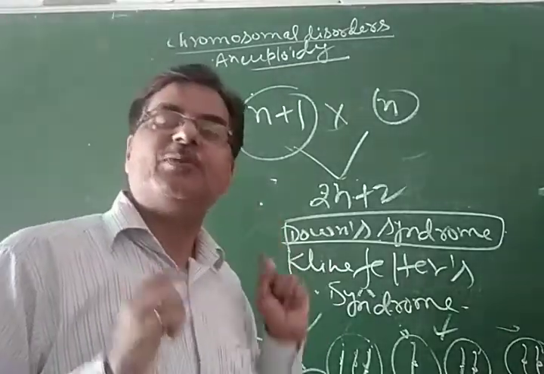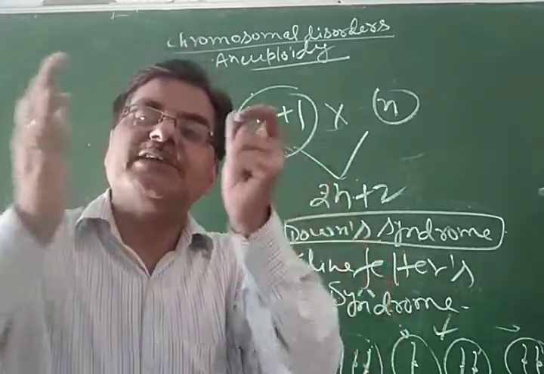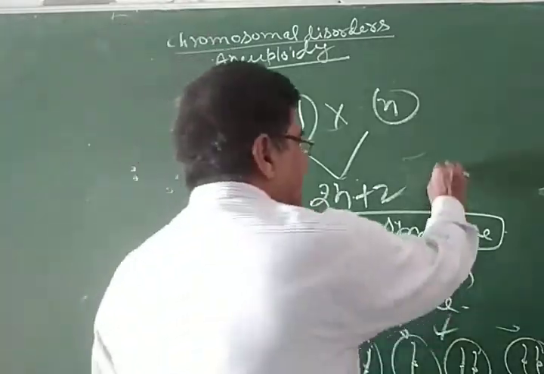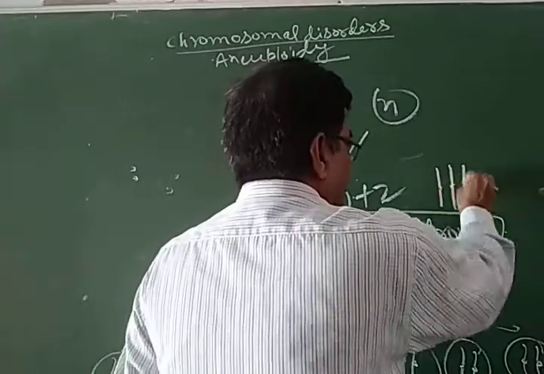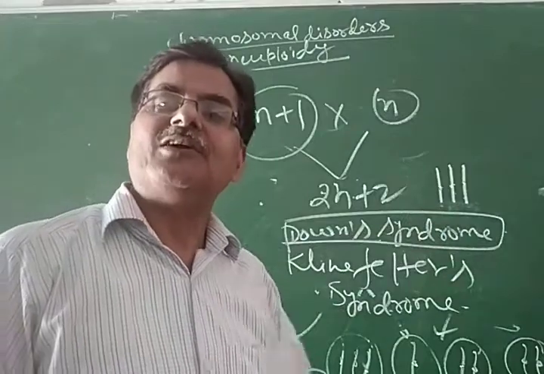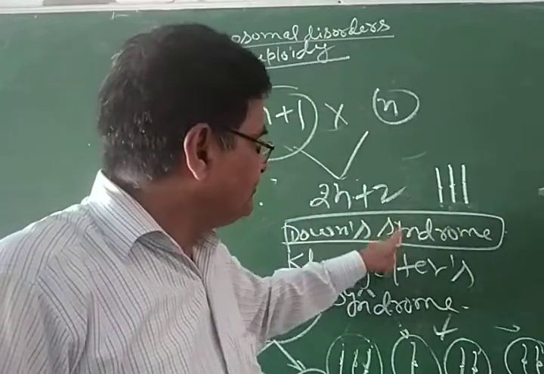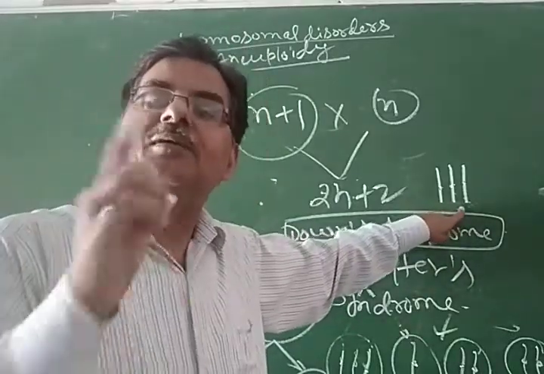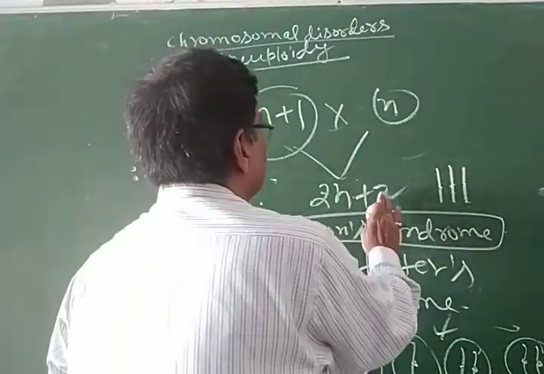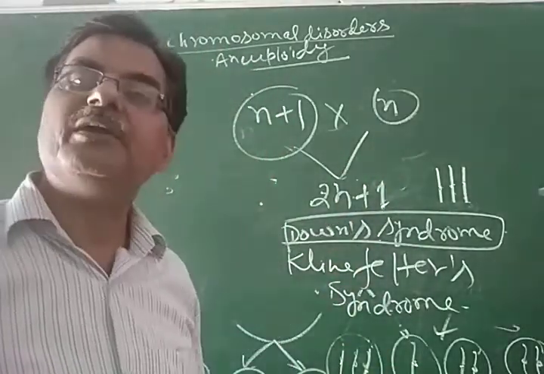In a normal cell there are 46 chromosomes, 23 pairs. In the normal cell there are 2 copies of each chromosome, but in the Down syndrome condition chromosome 21 is found in 3 copies, so 46 plus 1. One chromosome number is increased.